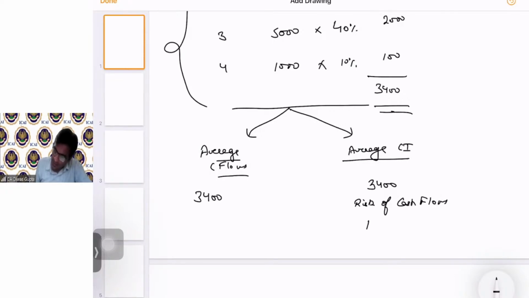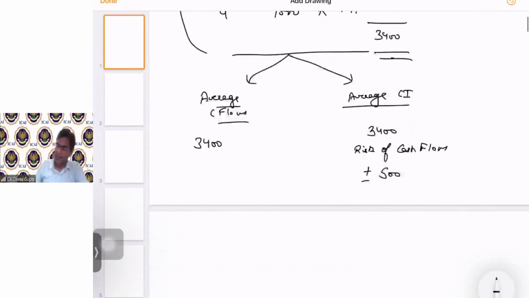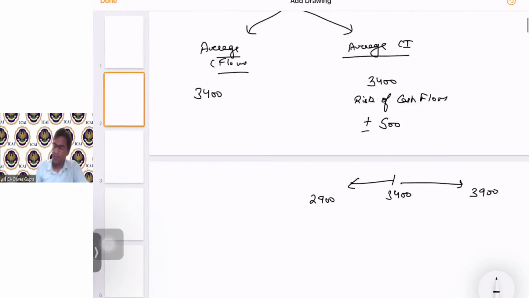Let's denote it as plus minus 500. That means you will have a lower amount of 2900, on average you can expect 3400, and at the max you can expect 3900. I reduce 500 from 3400 and add 500 to arrive at the lower and upper range.